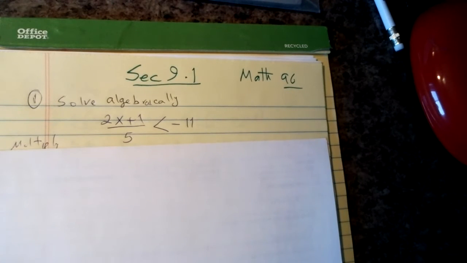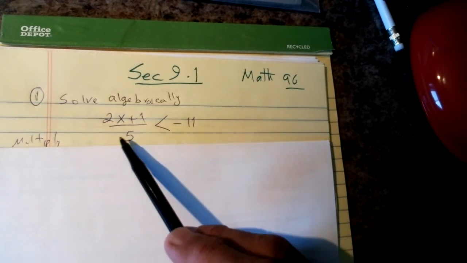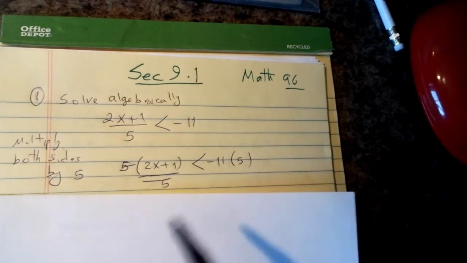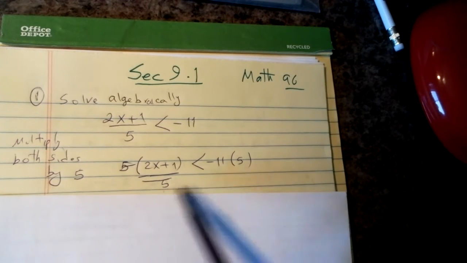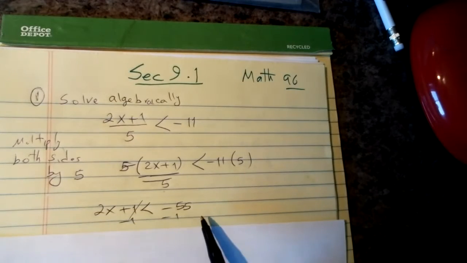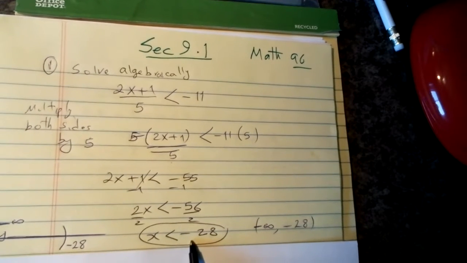When you're dealing with a fraction, the best way to do it is first to get rid of this 5. So I multiply both sides by 5. When you multiply both sides by 5, these two cancel. You solve this, and x finally is less than minus 28.